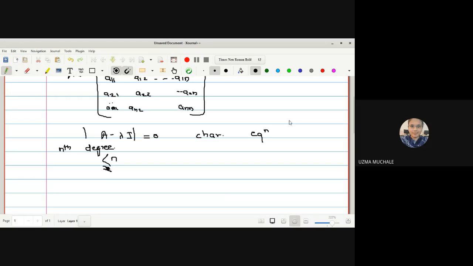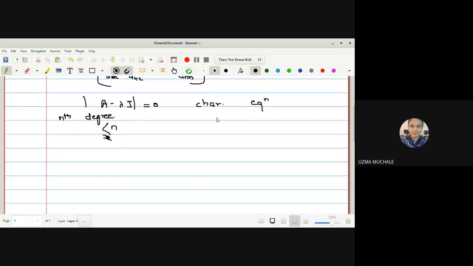So now suppose the roots of the equation, after solving this characteristic equation or characteristic polynomial, are given by lambda I, or we can say lambda 1, lambda 2, so on lambda n, or fewer than or equal to n.